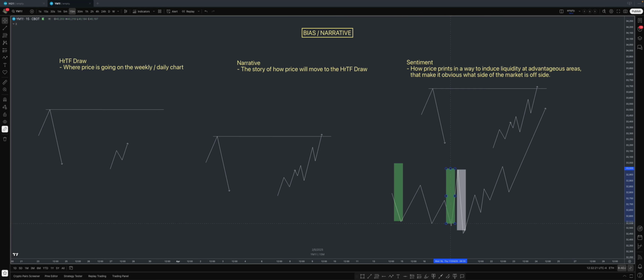And how this would fit in with the idea of sentiment and making it obvious what side of the market is offside is if we can clearly see that they've had these very large enticing candles higher to try and engineer and induce more liquidity to be resting at this particular level.